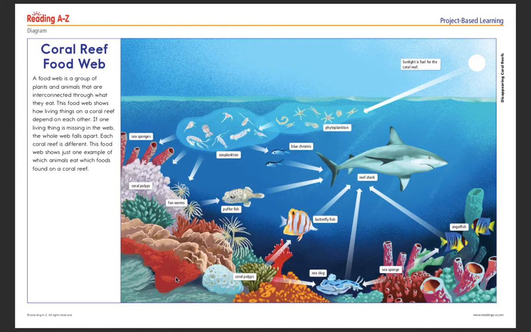Now, one animal I want to point out right now is the zooplankton. These are the zooplankton. They are the super small animals that they're called microorganisms, and they are eaten by some of the polyps in the coral reef.